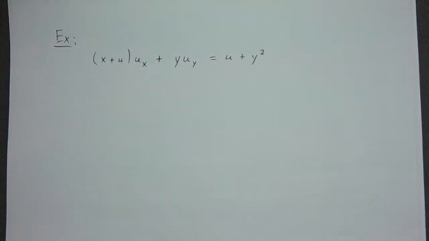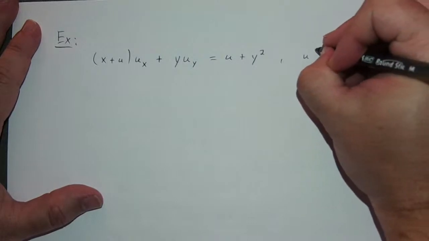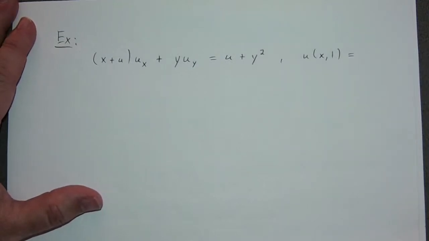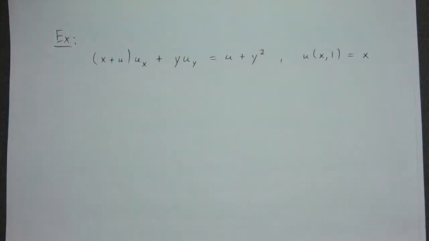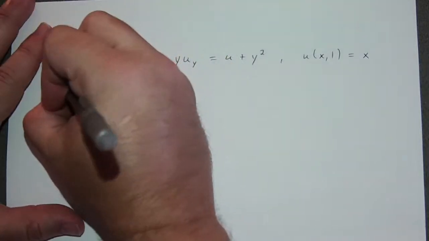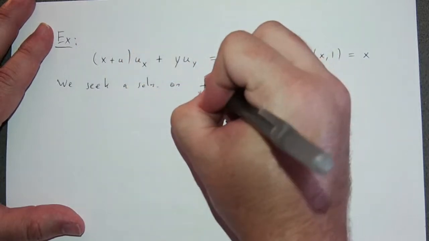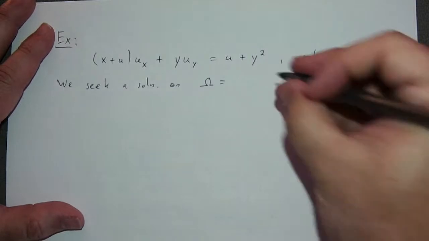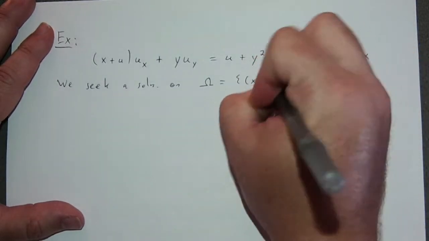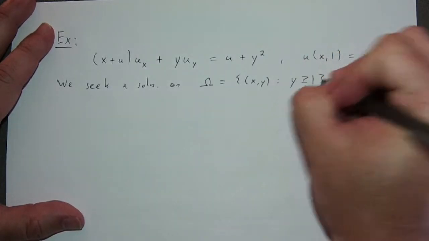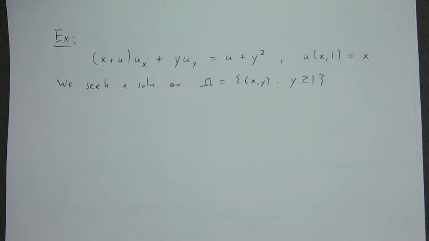And let's give the condition when y is equal to 1, u of x, 1 is x. We seek a solution on the domain omega, which is the set of points x, y such that y is greater than or equal to 1. So this is just the upper half plane shifted up 1.